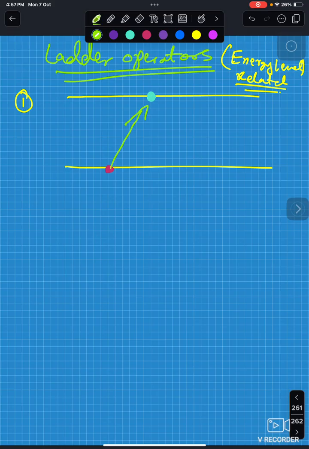When it jumps up in level, there are two types of ladder operators: the creation operator and the annihilation operator.